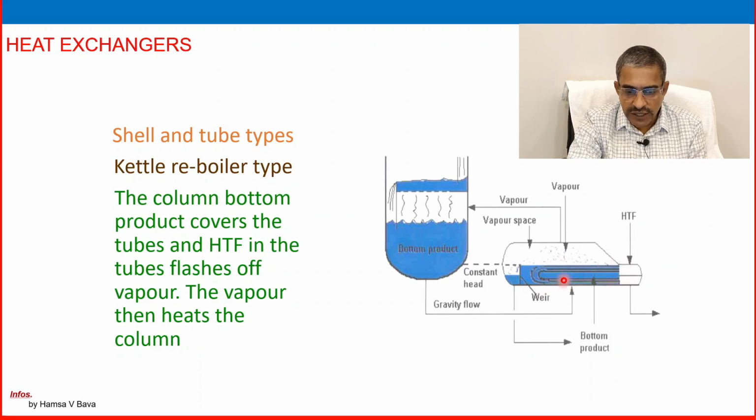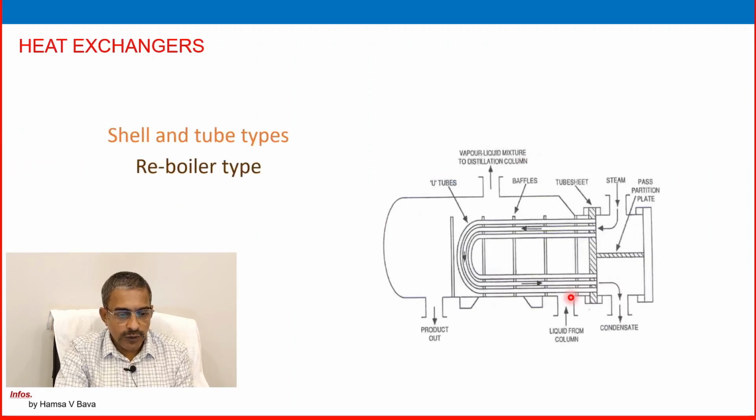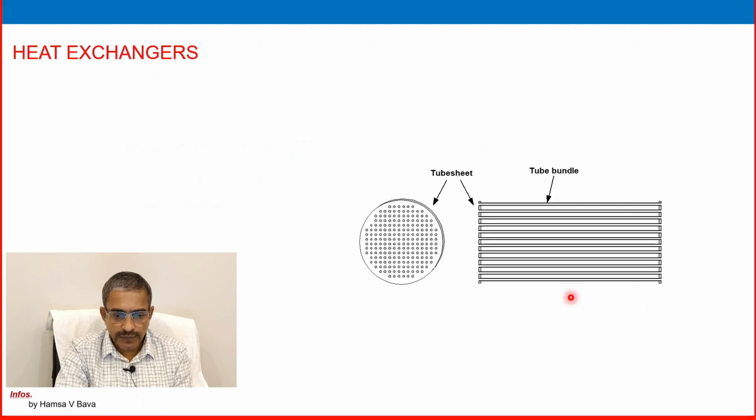The heating fluid passes through the tube side and is immersed in the shell side fluid. So this is also another one. The kettle type reboiler is an application of shell and tube. And U-tube also is a shell and tube reboiler type, same, but U-tube type.